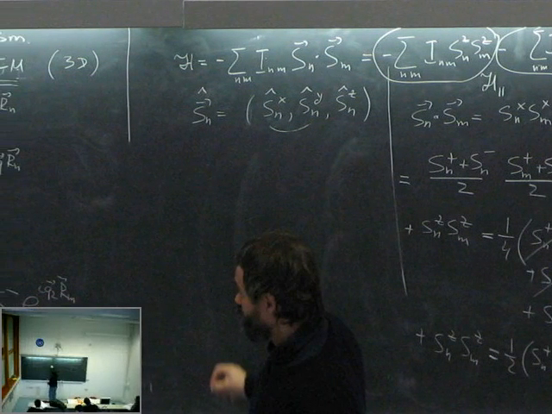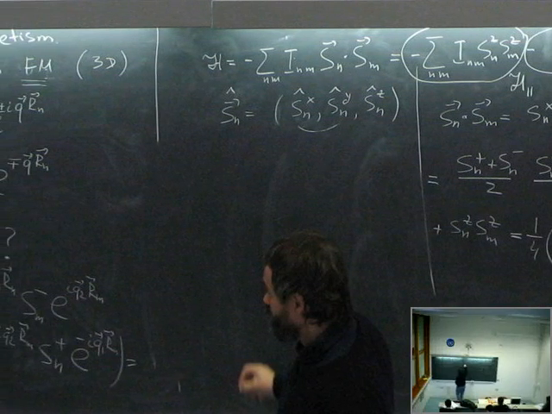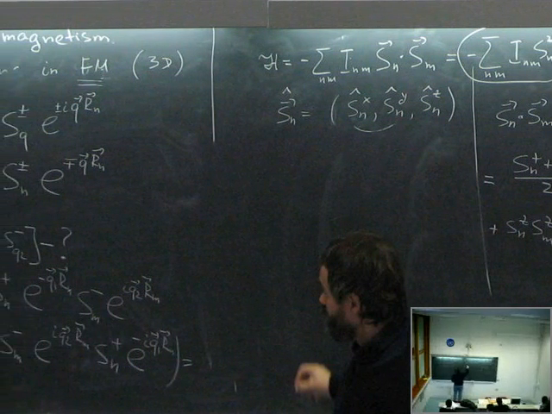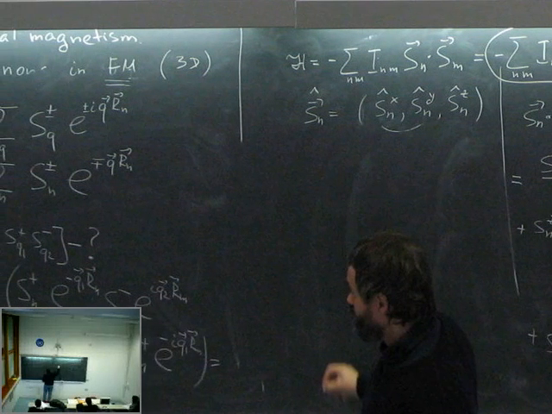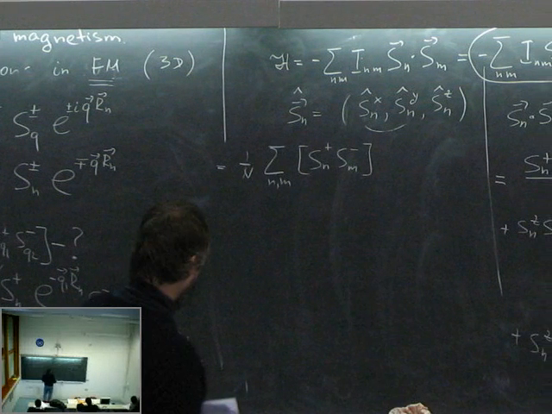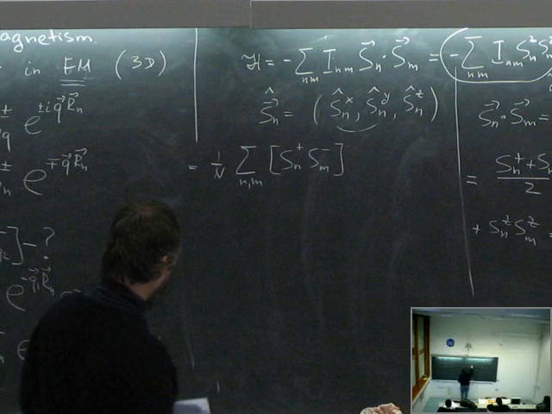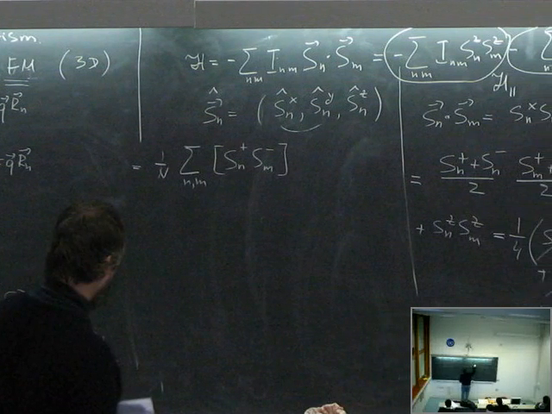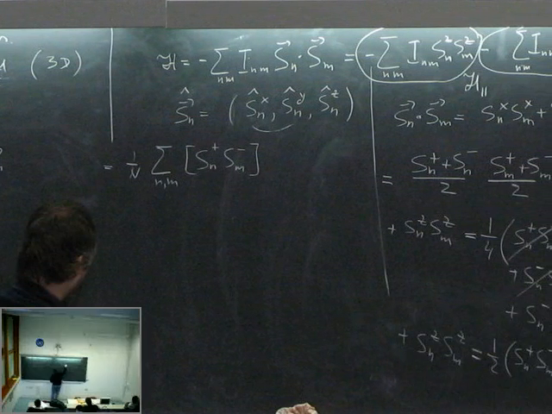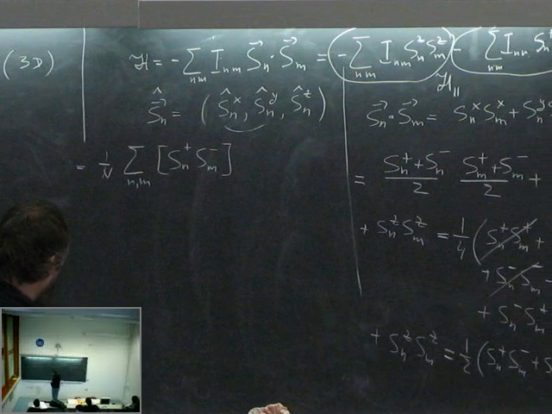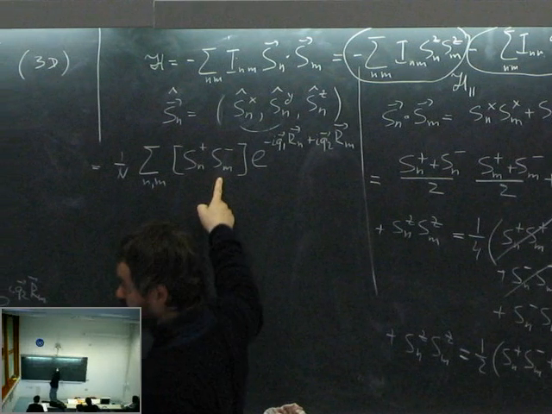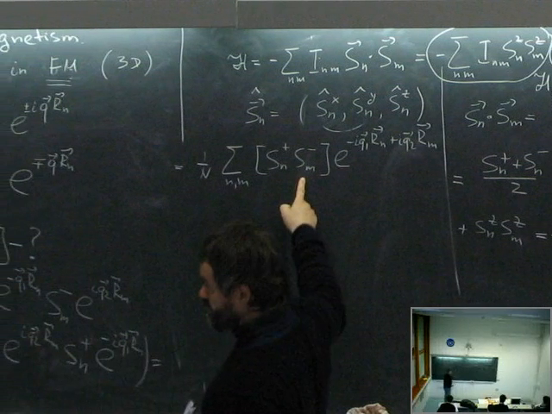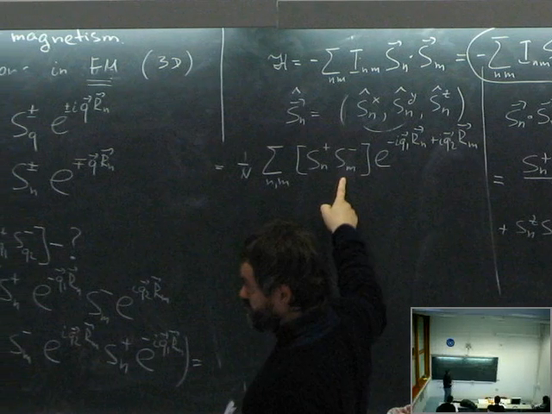So I have 1 over N. Here I have the sum over n, m of the commutator S_n plus, S_n minus, times e to the power minus i q1 r_n plus i q2 r_n. But this commutator, from what I have just erased, is equal to 2 times S^z.